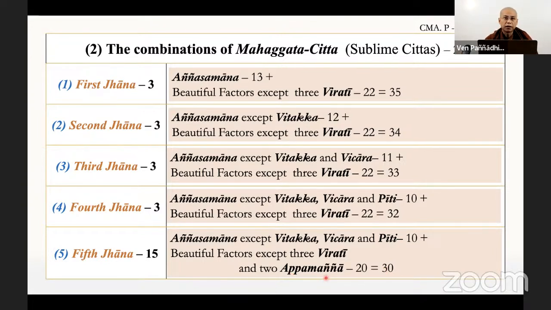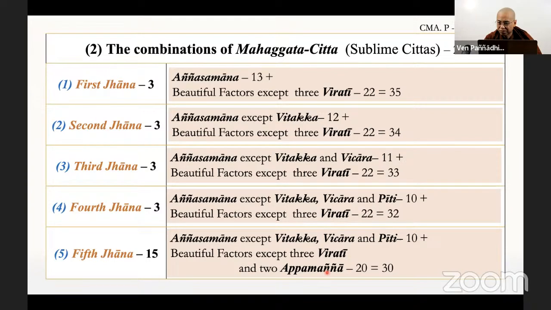Here Abhidhamma comes to play an important role, because for the first 4 jhanas, Appamanya can be associated. But in the fifth jhana, Appamanya cannot associate. Can you give the reason why? If you take Appamana as the object of meditation, you can only attain up to the third jhana.